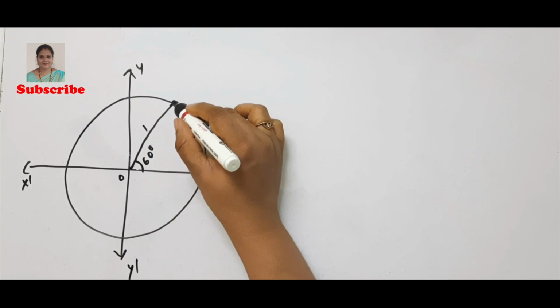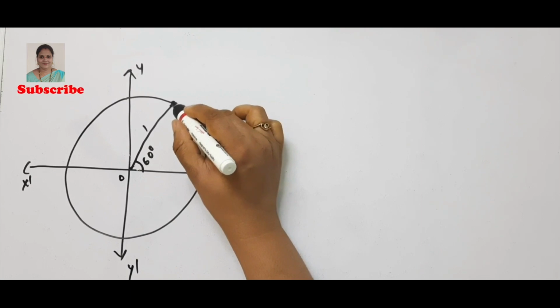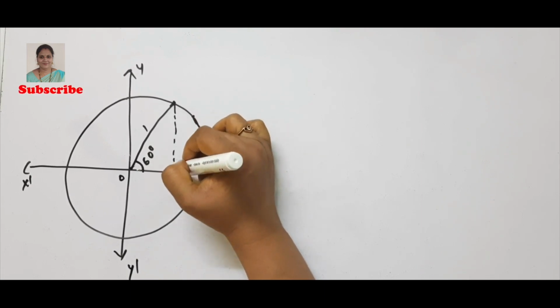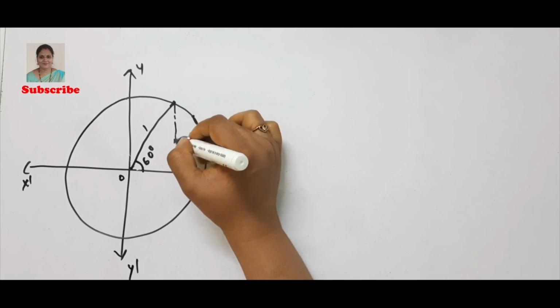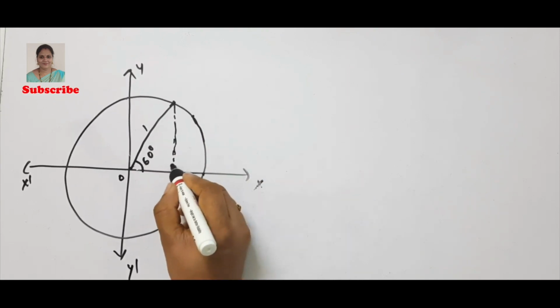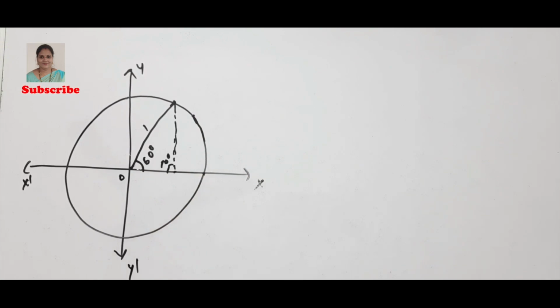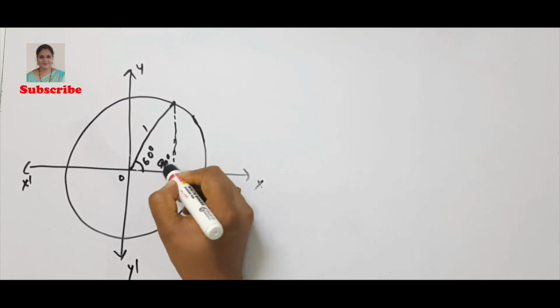We have to find the point at this position, where the x and y intersect. So just draw a perpendicular from here to here. If we calculate this point, this becomes the value of cos 60 and sin 60, as we did in the case of 30 degrees and 45 degrees.